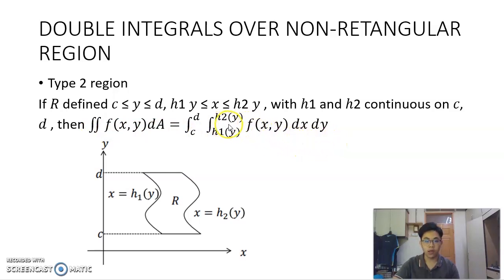The h2(y) is the upper limit and h1(y) is the lower limit, while d is the upper limit and c is the lower limit. That's all for me. Thank you.